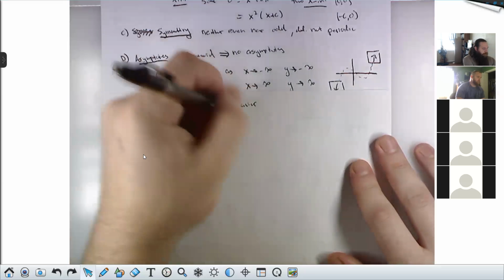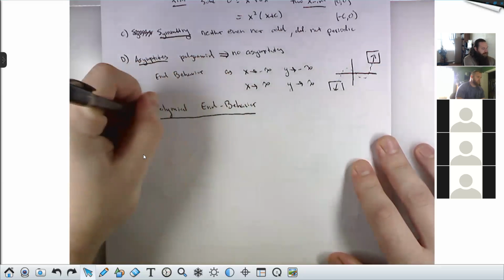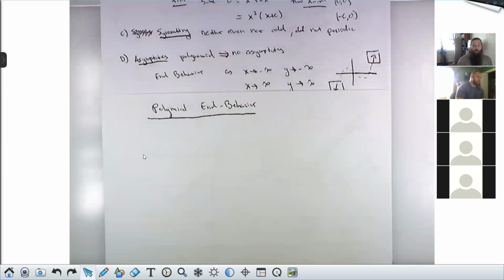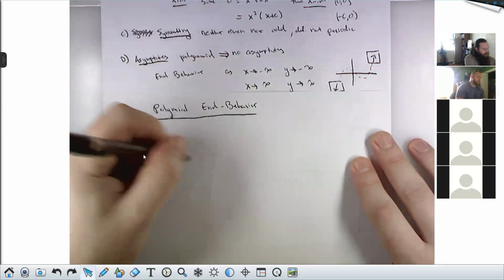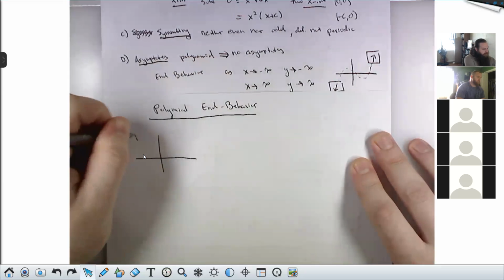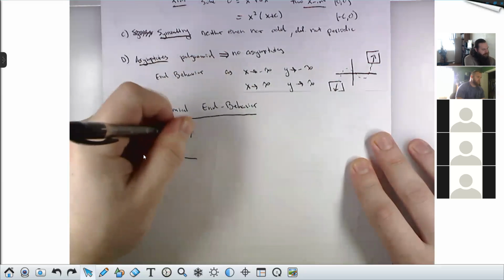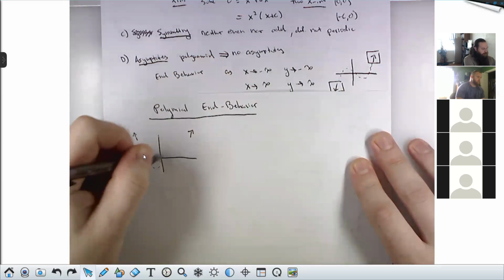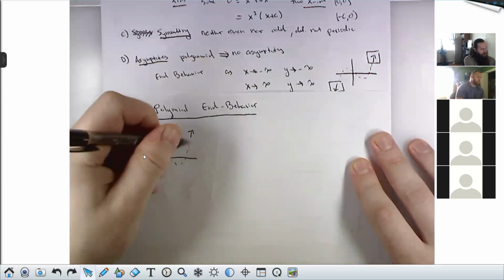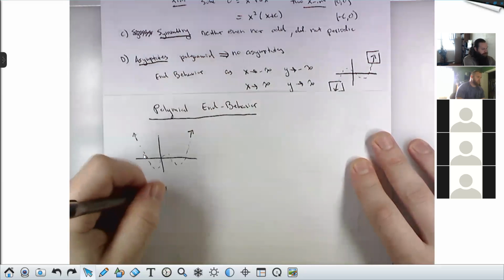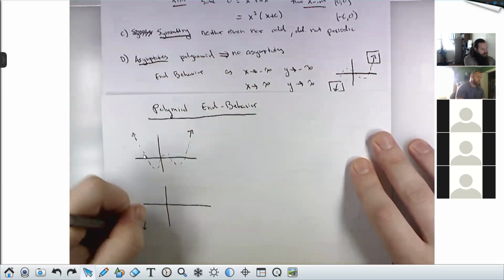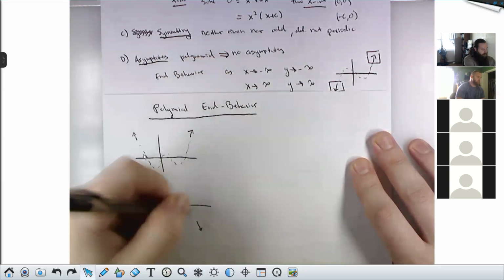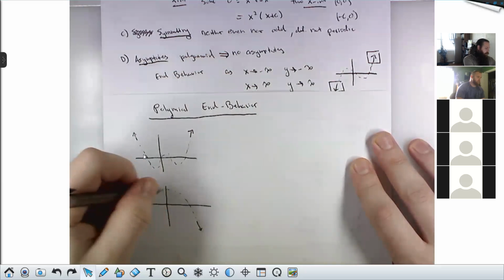There's only a few possibilities for polynomial end behavior. Every polynomial in the world has end behavior either like this, up on both sides, with who knows what in between, or down on both sides, maybe like this.